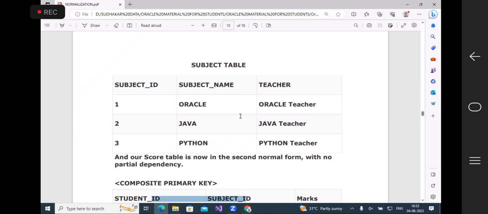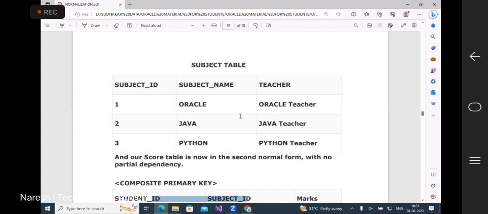So the second normal form concludes that if you find any partially dependent columns in your table, you separate those columns and keep them in another table. That's it. Your table should not contain partially dependent columns. This is what the second rule tells us.